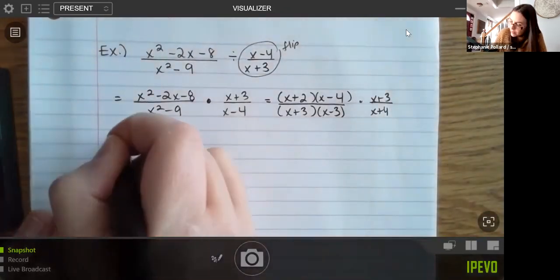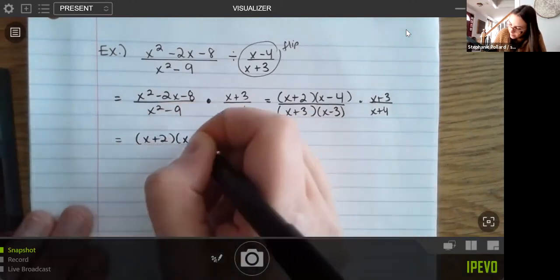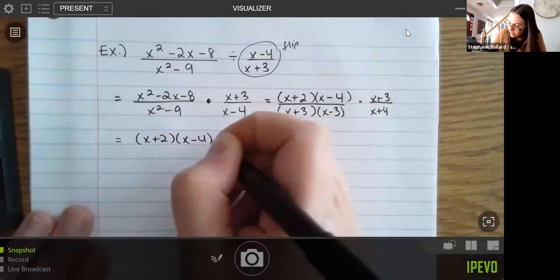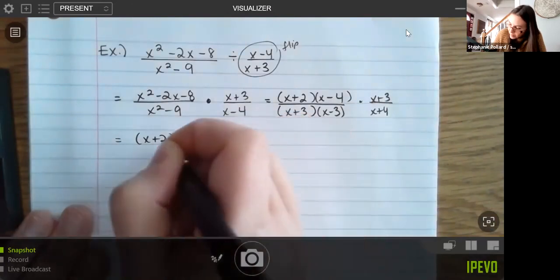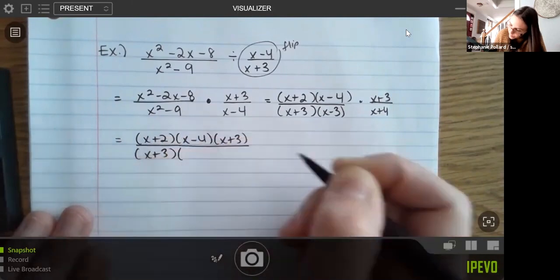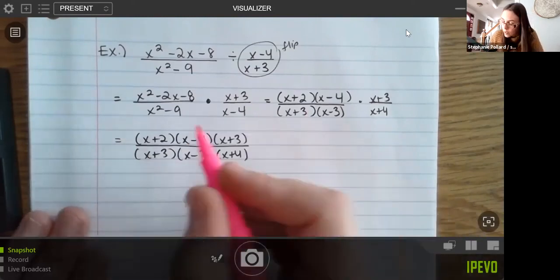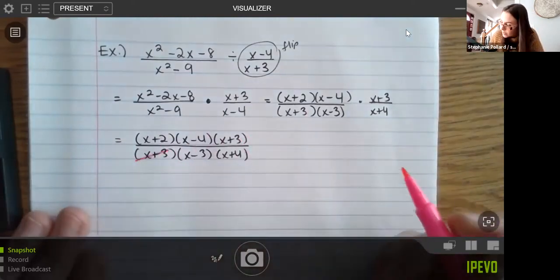So just rewriting this straight across. Here, again, this is one factor, so I am going to put it in parentheses. And I'm going to go ahead and cancel what's in common. So I have an x plus 3 in common here.